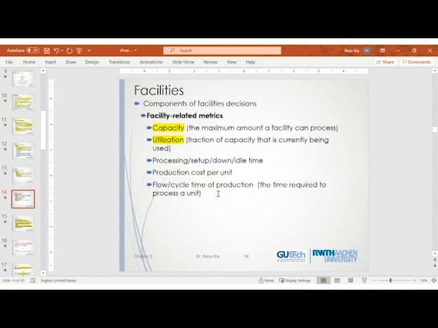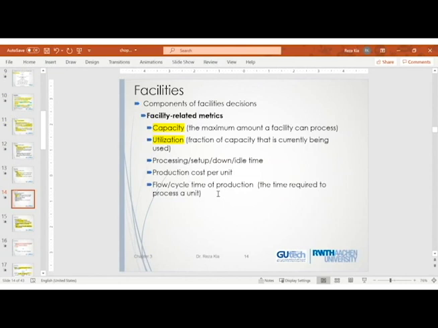There are some metrics here, such as capacity. By capacity, you can track the performance of your facility, the maximum amount that you can process in your production site or in your warehouses.